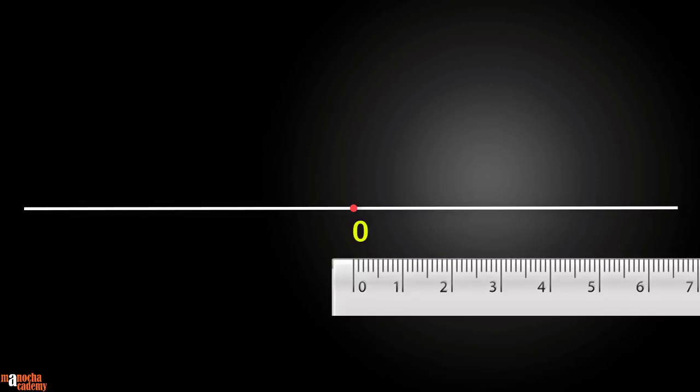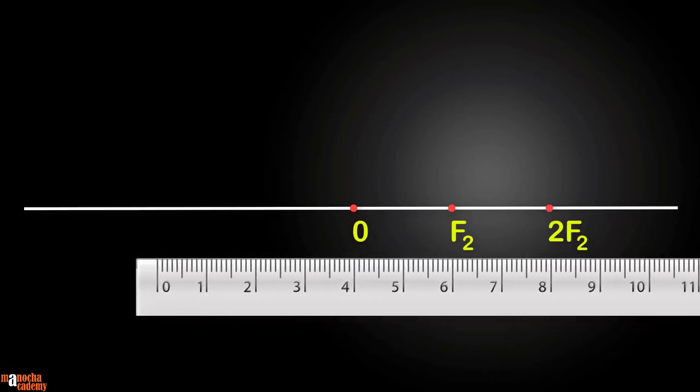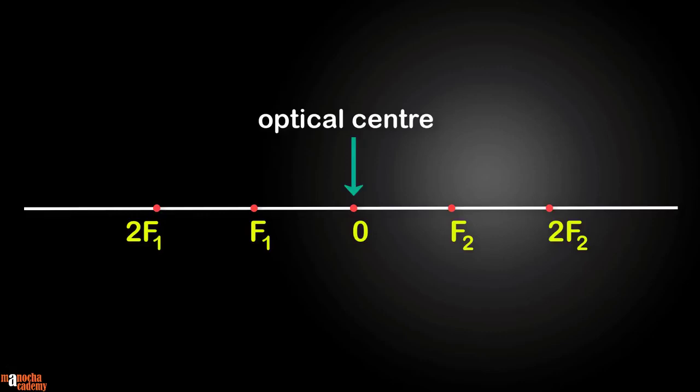Using a ruler, mark 2 points to the right of O. F2 is, let's say, at 2 centimeters from O, and 2F2 is double the distance. It's at 4 centimeters from O. Similarly, on the left side, mark F1 and 2F1 using the same distance. O is the optical center of the lens, and F1 and F2 are the 2 principal foci of the lens.